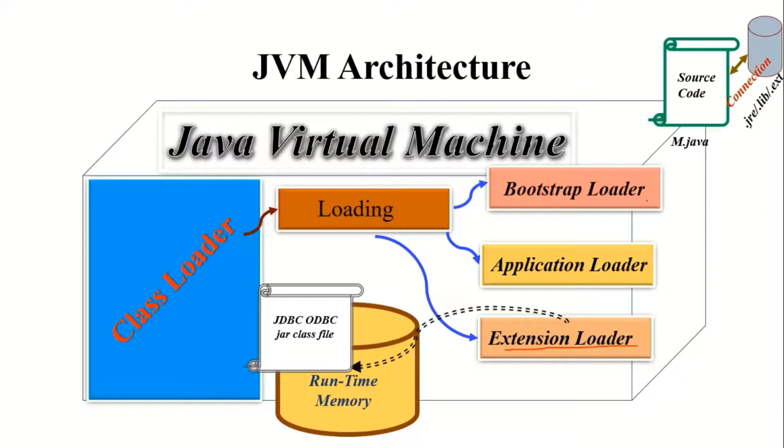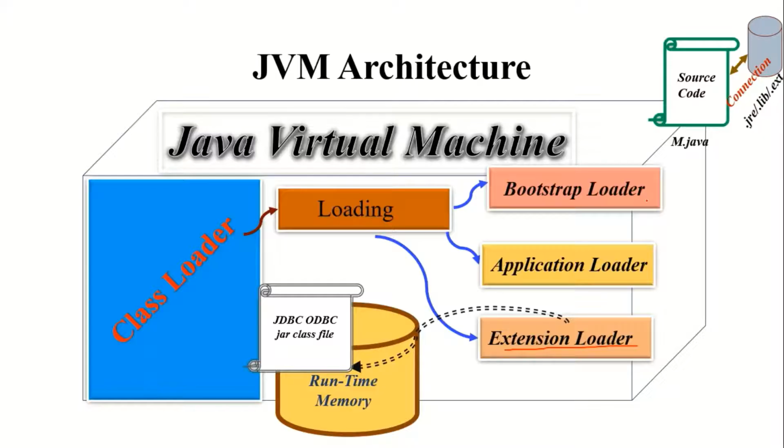So Bootstrap loading is the simplest task. It does a simple task of loading the System class into the main memory. As a result, we don't have to include the lang package corresponding to the System class.